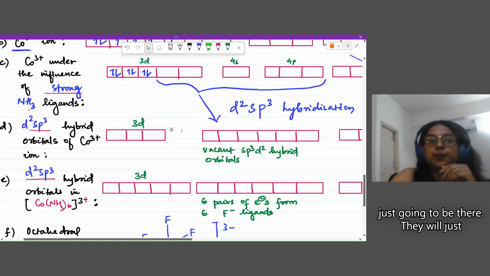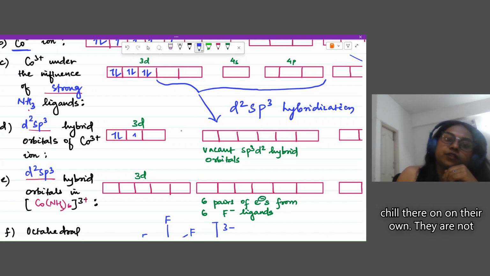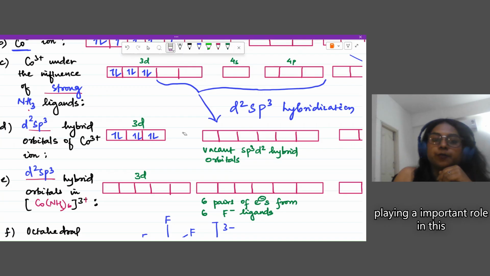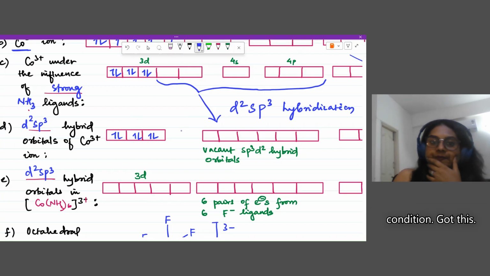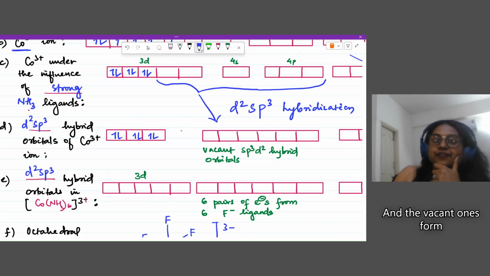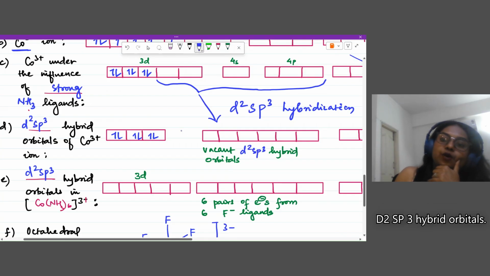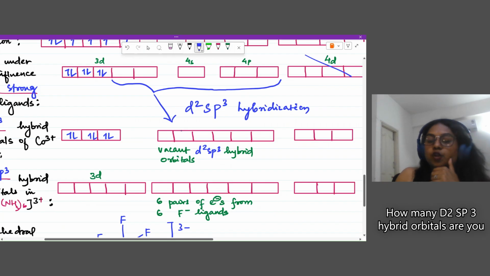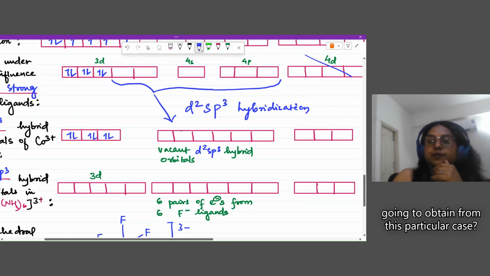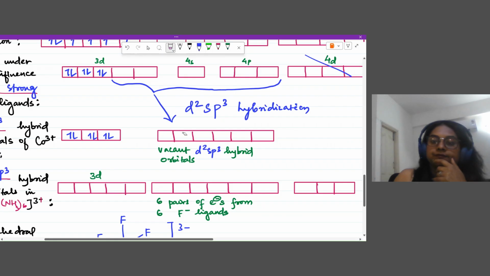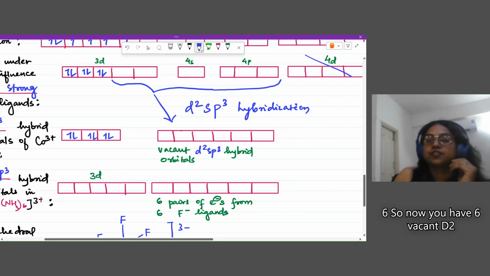They're just going to be there. They're not playing an important role in this condition. And the vacant ones form d2sp3 hybrid orbitals. How many d2sp3 hybrid orbitals are you going to obtain in this case? Six. So now you have six vacant d2sp3 orbitals.